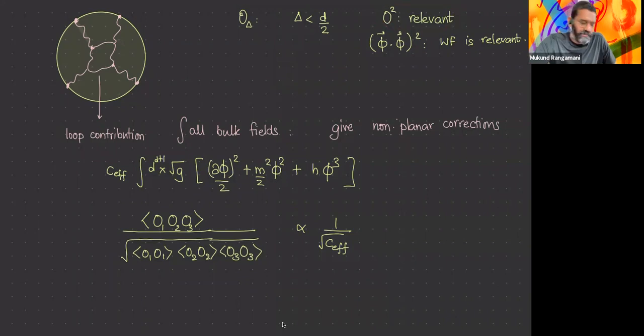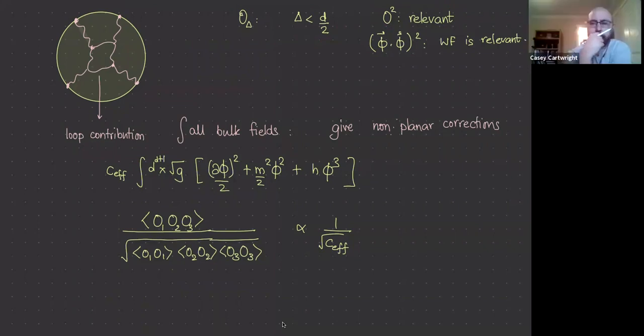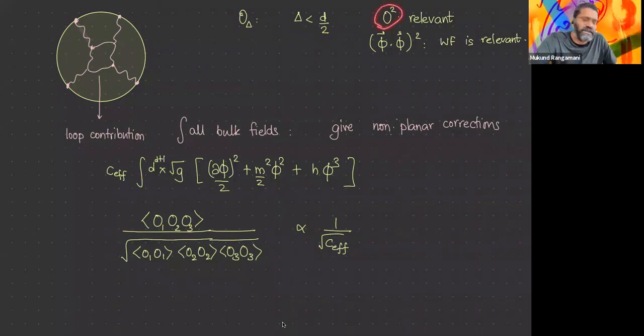Now, in this window where you're allowed to use the Neumann boundary condition, you're also allowed to use mixed boundary conditions. So if you want to turn on O squared, you want to correlate the source, the A and the B in my notation.